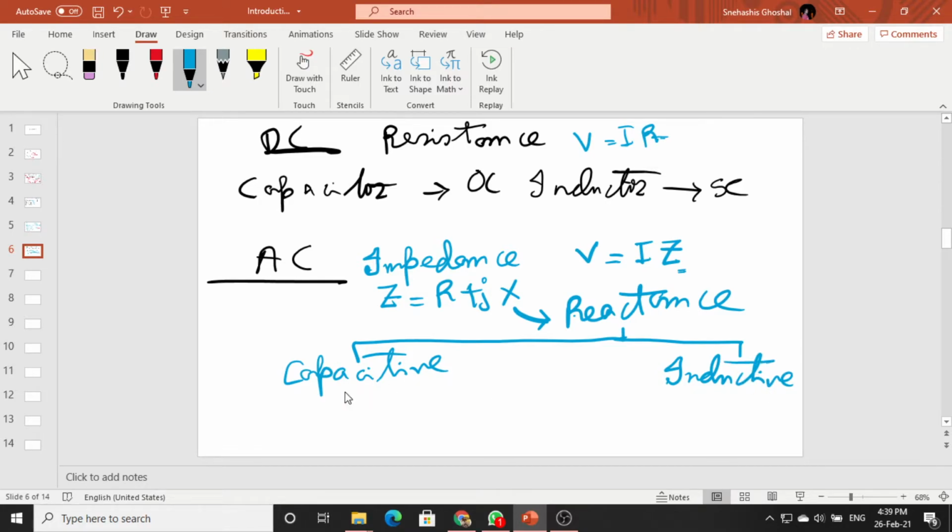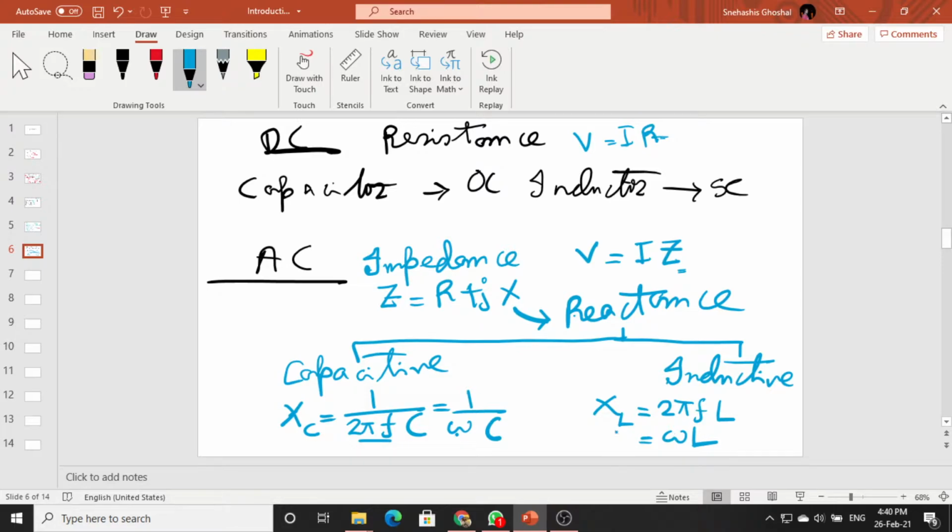For capacitive reactance, Xc will be represented by 1 by 2 pi f c, where f is supply frequency like 50 Hz, 60 Hz, etc. And for inductive we will write XL equal to 2 pi f L. In other words, Xc is written as 1 by omega c, because you know omega is equal to 2 pi f. Similarly, XL will be equal to omega L. Okay.